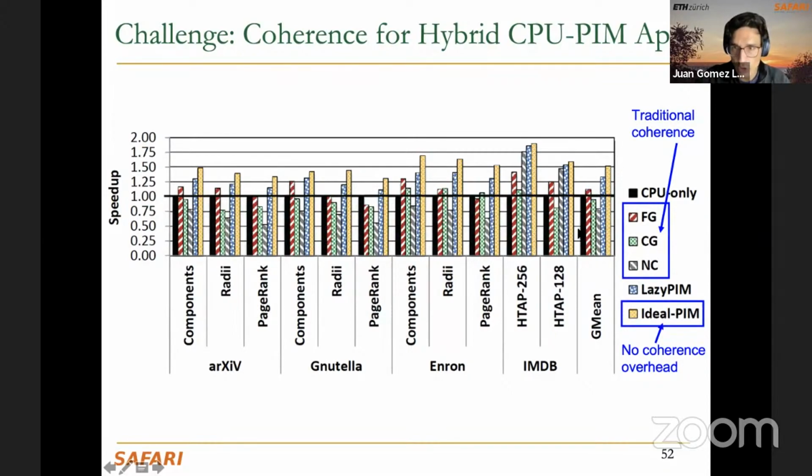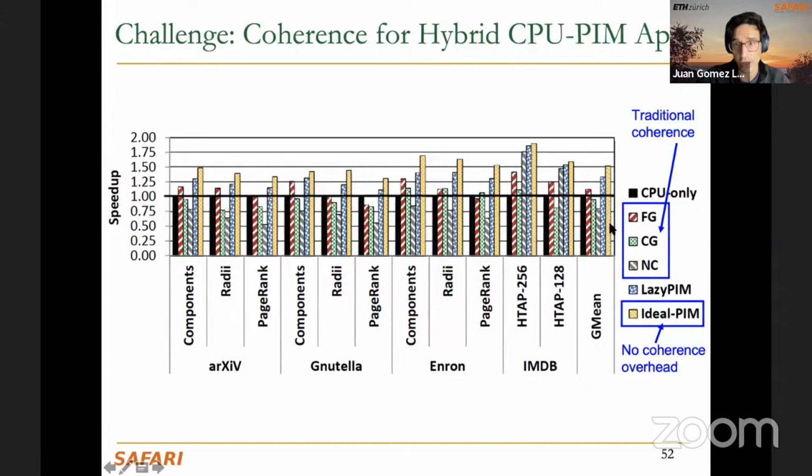You can see here that they provide some speedup over the baseline, but it is actually pretty low, and they are very far from the ideal execution, from the whole potential of processing in memory, right?